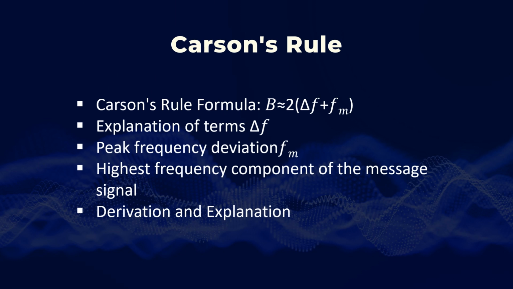Now, let us derive and explain this Carson's rule. To derive Carson's rule, we first consider the frequency components of the PM signal, where the message signal m(t) modulates the phase of the carrier, resulting in a signal spectrum consisting of the carrier frequency and multiple sidebands.